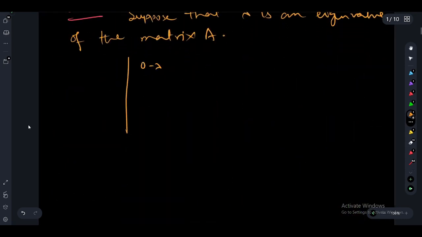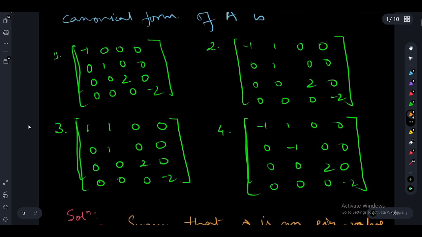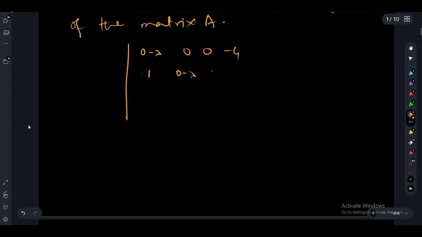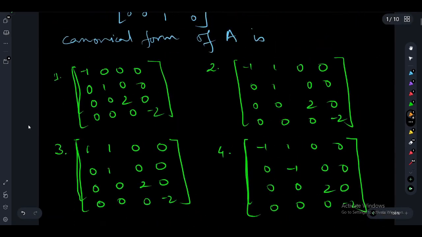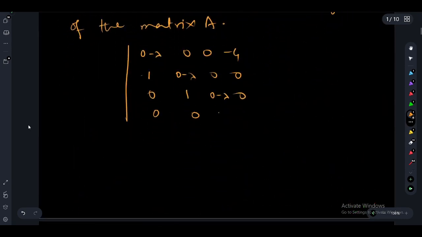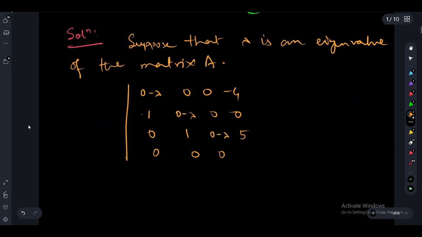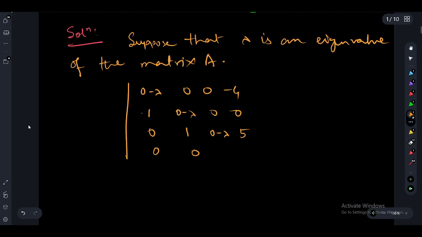the determinant of the matrix with rows (0 minus lambda, 0, 0 minus 4, 1), (1, 0 minus lambda, 0, 0), (0, 1, 0 minus lambda, 0), and (0, 0, 5, 0, 1, 1, 0 minus lambda) is equal to 0.